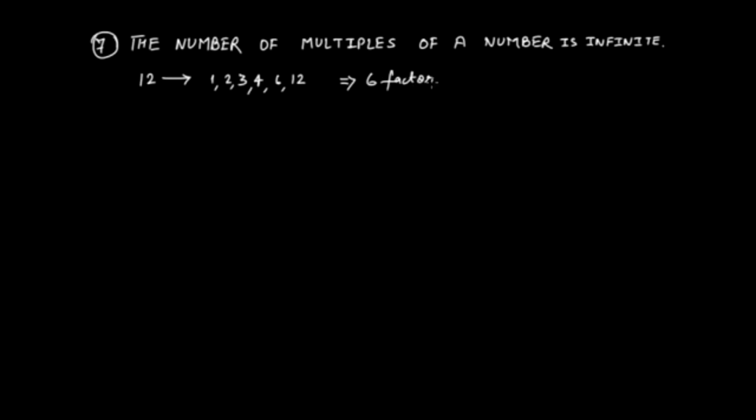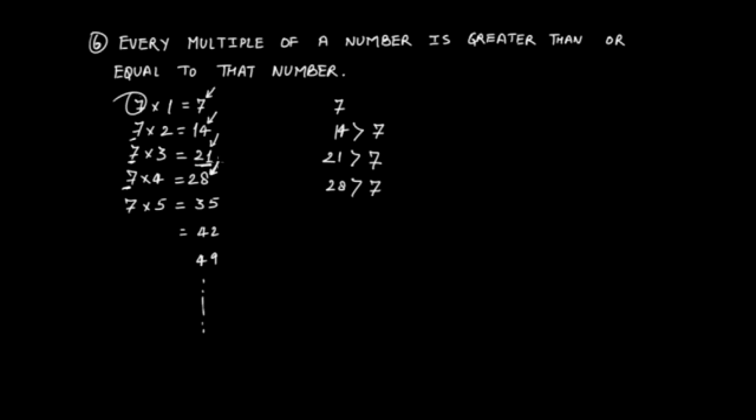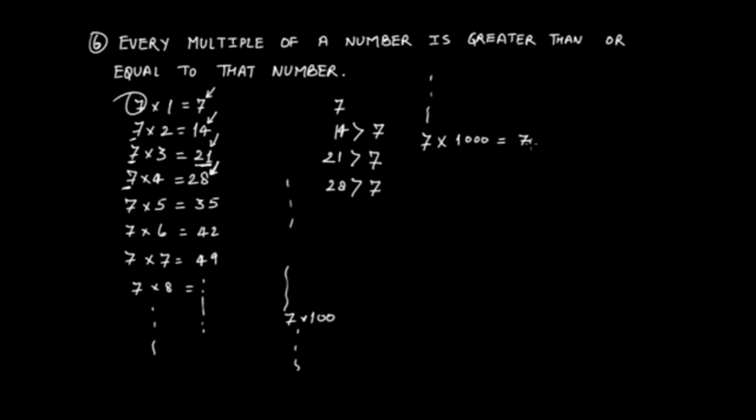But if someone says, go on, how many multiples could you get for 7? You would say 7 multiplied by 6, 7 times 7, then 7 times 8, and so on. You will go on, then 7 multiplied by 100. Then you would go on and somewhere you would reach 7 times 1000, which would be 7000.